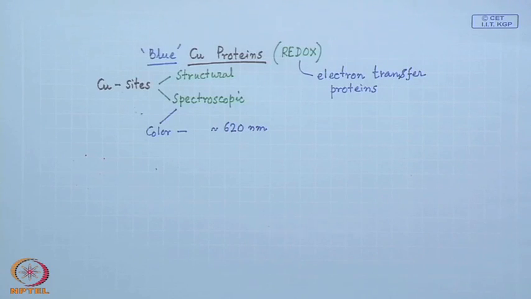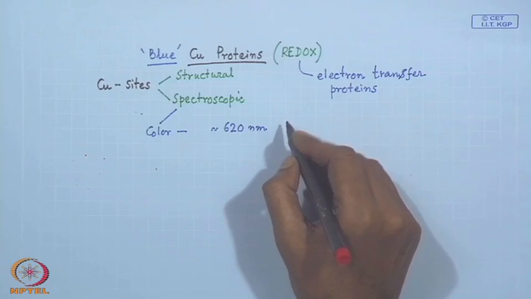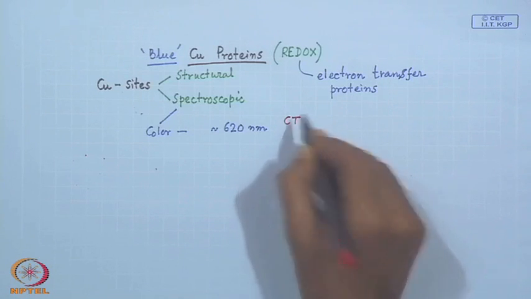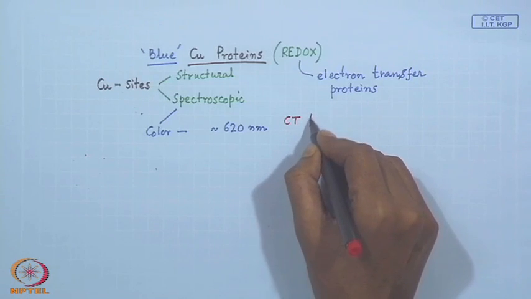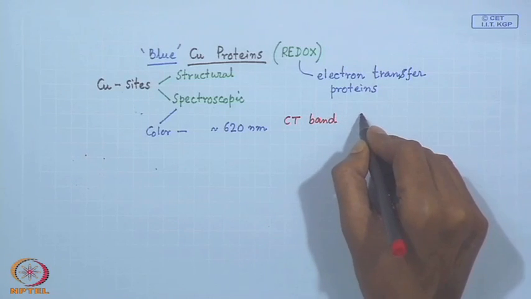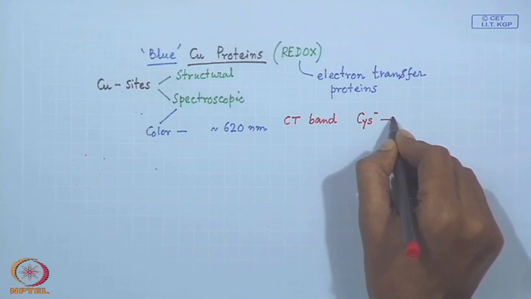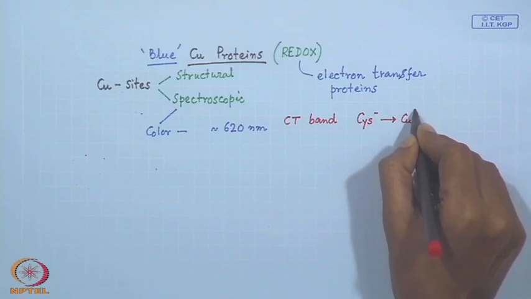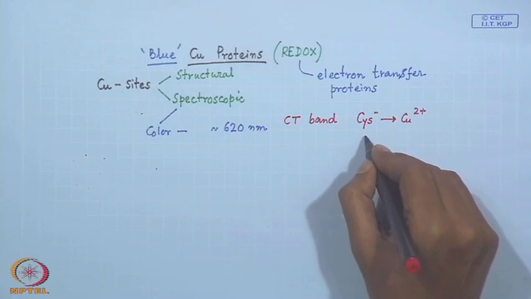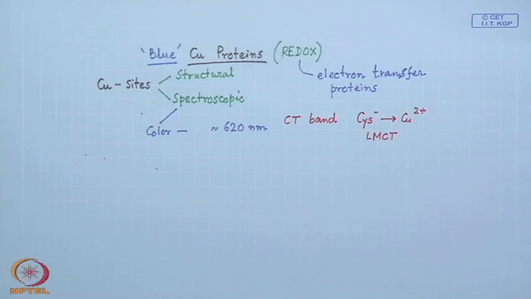That is why it is colored blue, and its corresponding epsilon value is pretty high, and it can be categorized as a charge transfer transition. It is a charge transfer band originating from cysteine sulfur to copper 2 plus, ligand to metal charge transfer. So, it is LMCT type charge transfer.